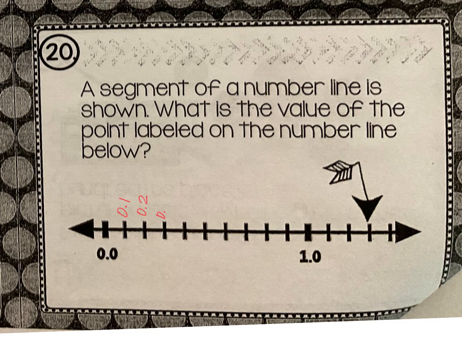2 tenths, 3 tenths, 4 tenths, 5 tenths, 6 tenths, 7 tenths, 8 tenths, 9 tenths. Then I get to 1, and what comes after 1? 1 and 1 tenth, 1 and 2 tenths, and the arrow is pointing at what?